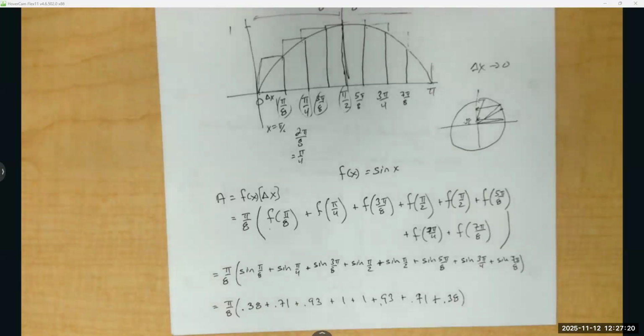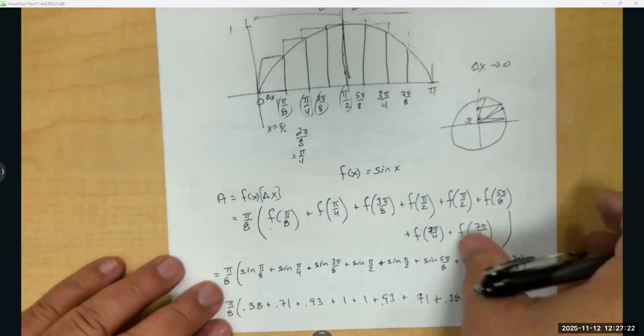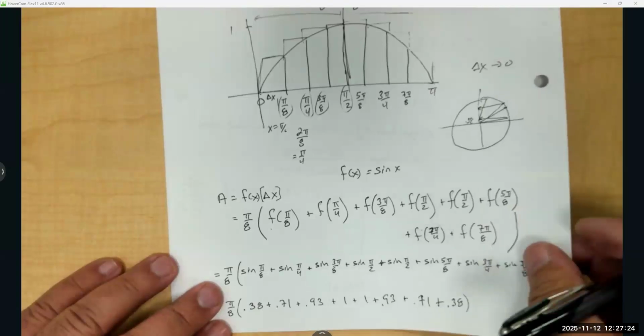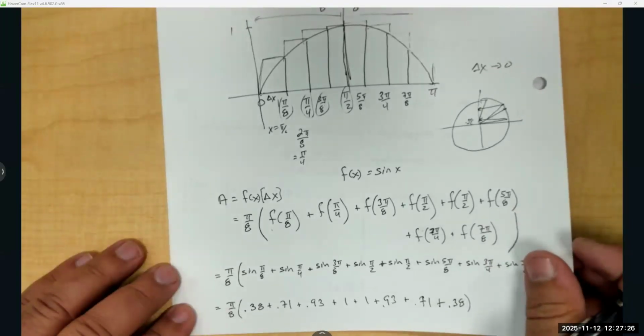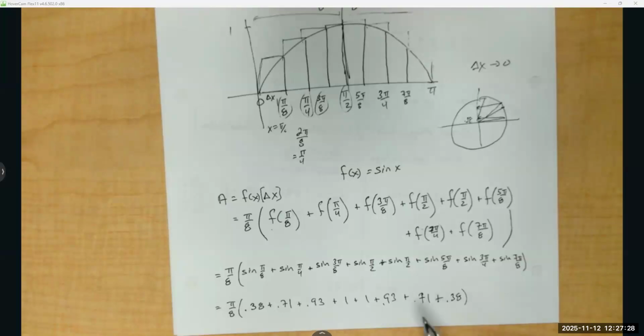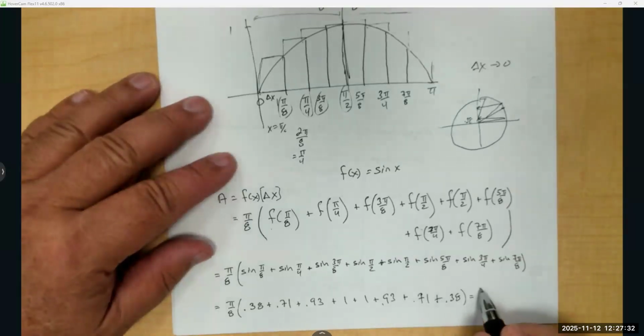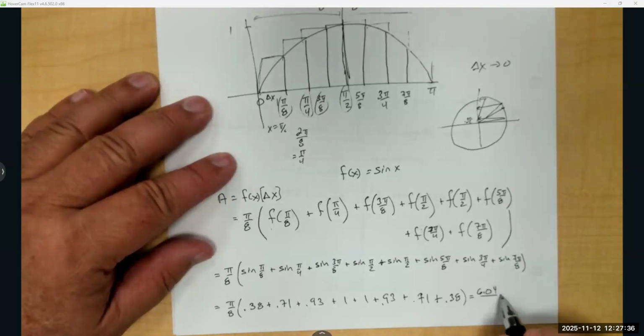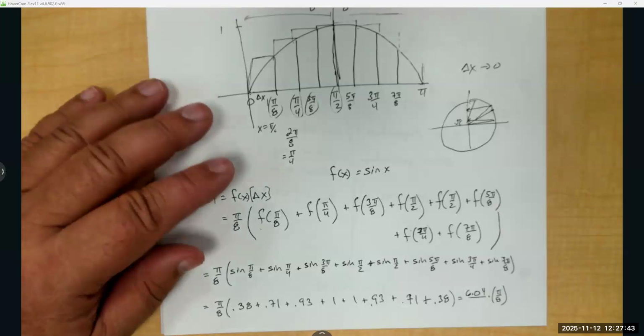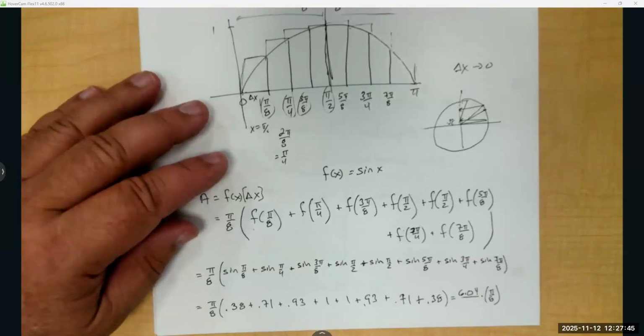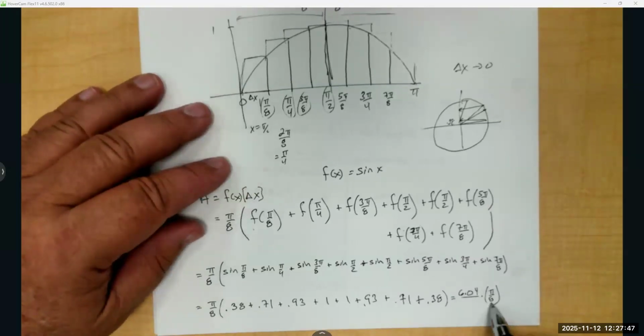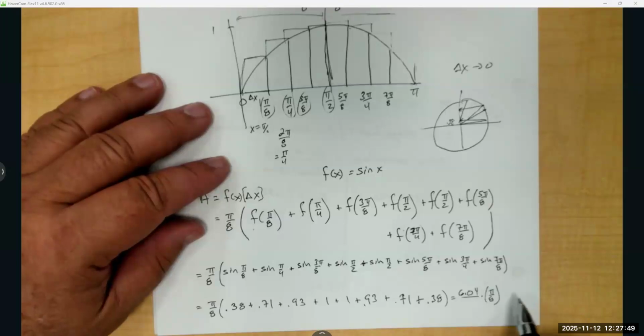Add up all those together. Then it's times pi over 8. So 6.04 divided by 8 times pi.